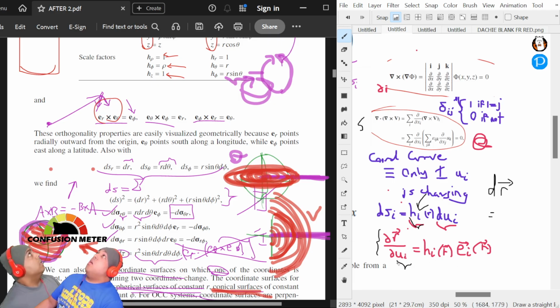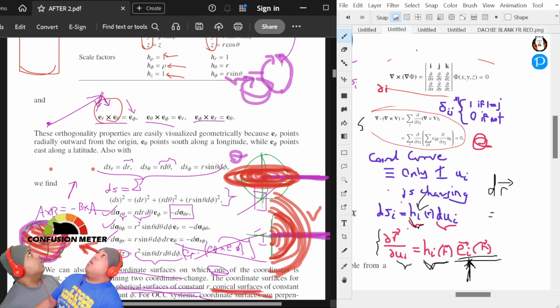The direction should be in the direction of the axis we're differentiating along, and hi represents the length. Okay, ds_r equals dr, ds_theta equals r d theta.